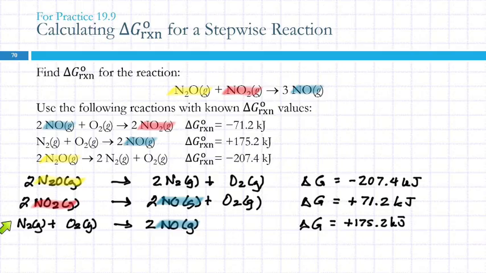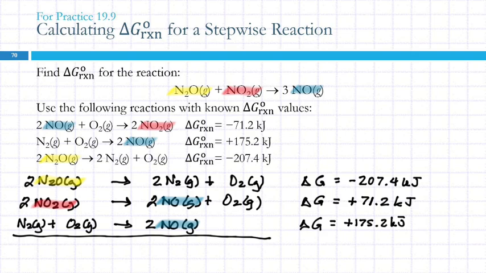So let's try adding these together and see what's going to work or not work. I'm going to end up with N2O and NO2 on the reactant side. I'm going to end up with NO on the product side. So what I want to do is look at these guys and make sure they're canceling out. I've got one nitrogen over here and two nitrogens over there.